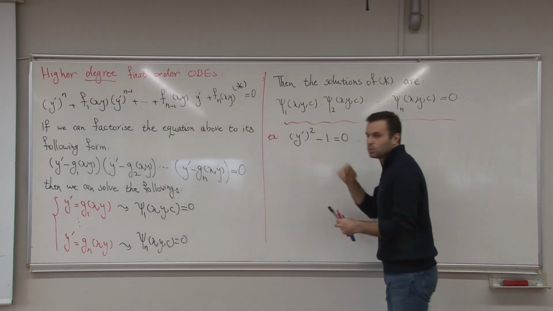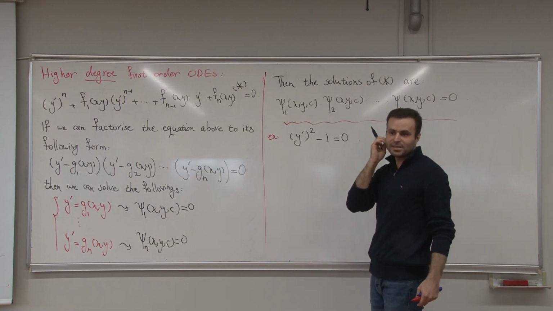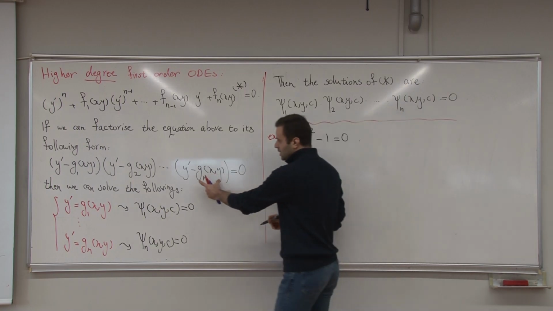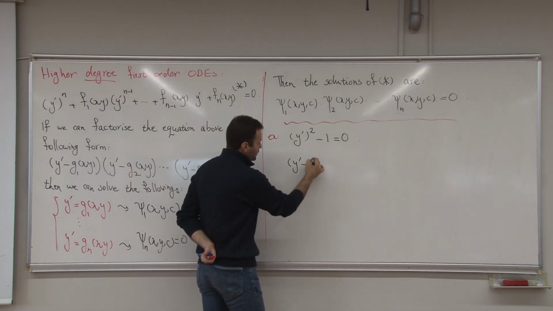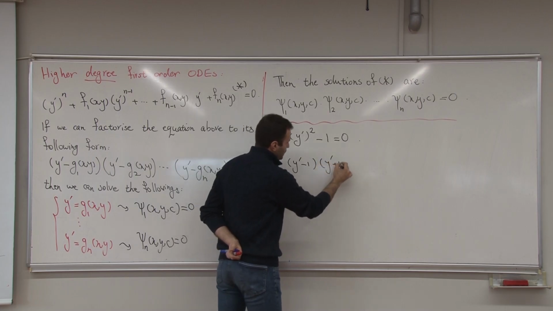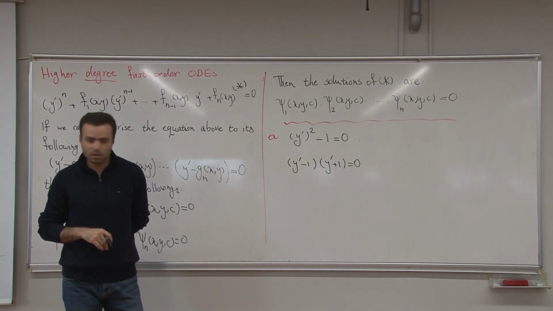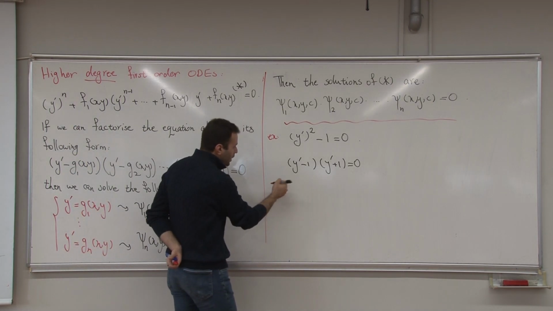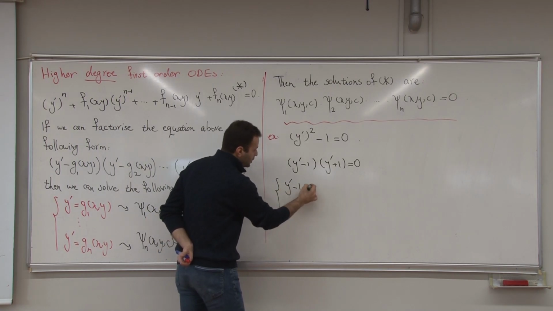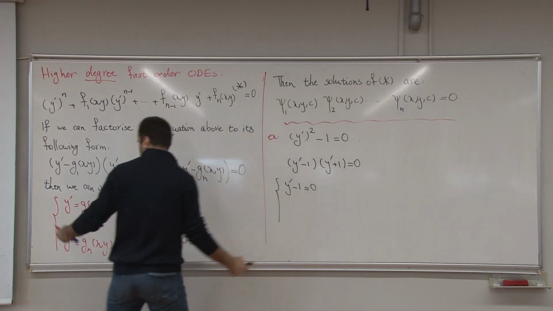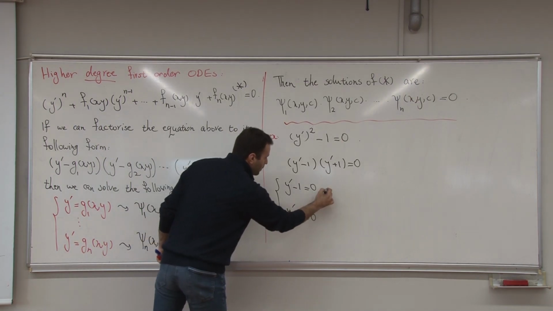Can we do this for this equation? How can we write this equation as the multiplication of these linear terms? Can I write this as y prime minus 1 times y prime plus 1 equal to 0 or not? I can write this, right? So what is going to be my first set of equations? y prime minus 1 equal to 0, or y prime equal to 1, and y prime plus 1 equal to 0.